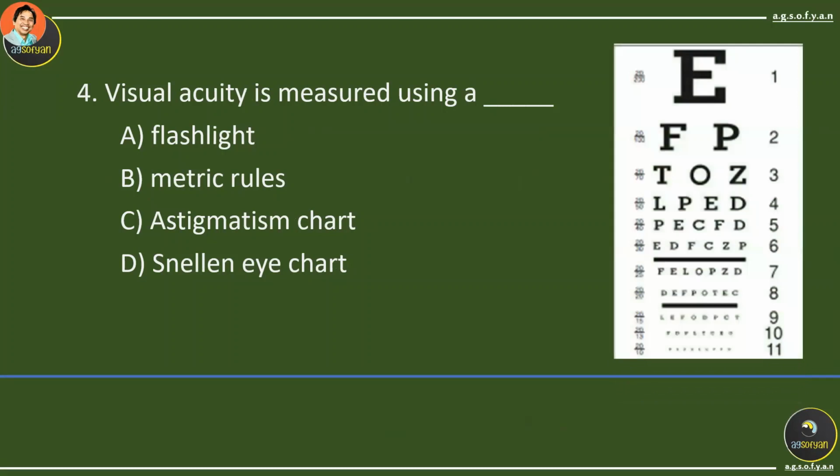We use a chart like this, and this chart is called the Snellen eye chart. Okay, so we see the Snellen eye chart. It has different sizes of letters.